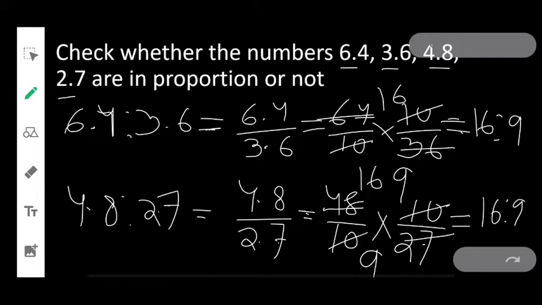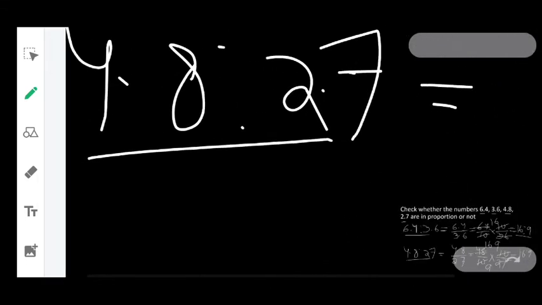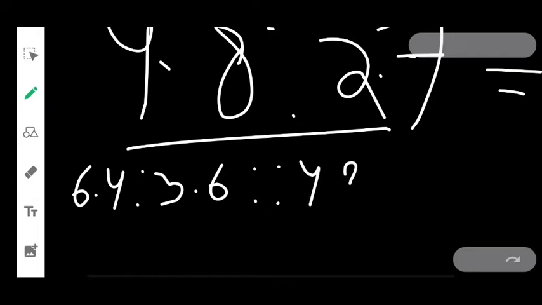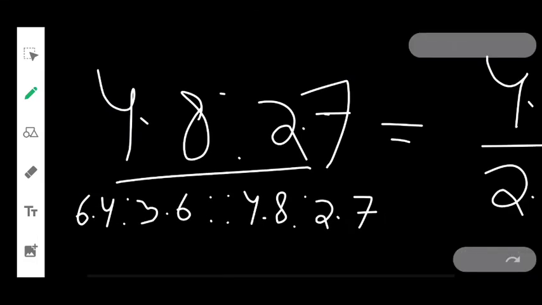Now as you can see, the simplest form of the first ratio is 16 is to 9, and the simplest form of the second ratio is also 16 is to 9. So 6.4 is to 3.6 equals 4.8 is to 2.7.